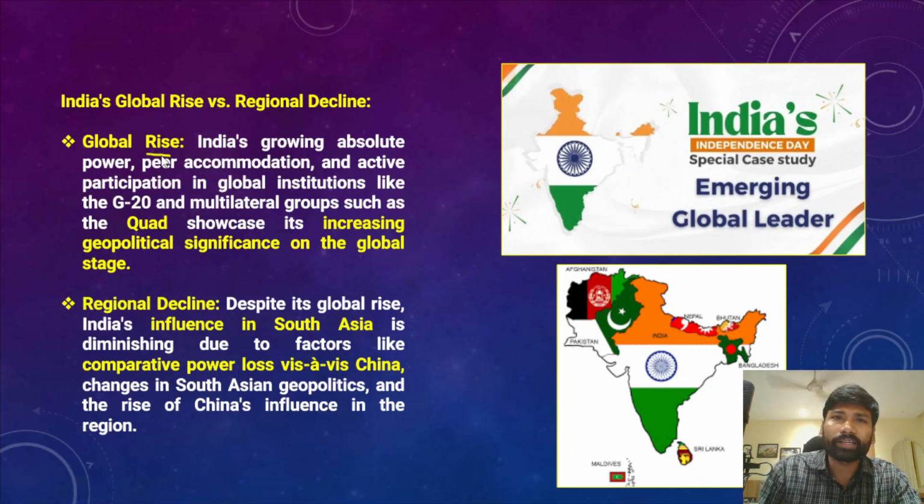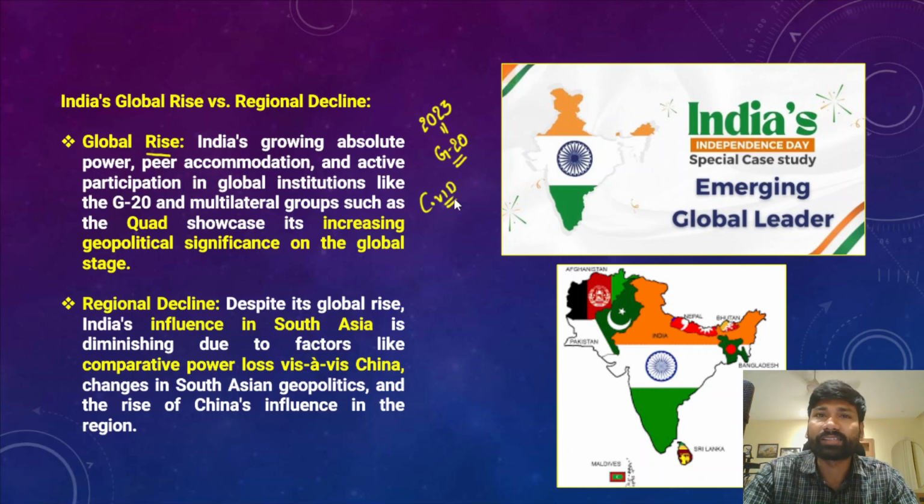We all know that in 2023, India was the president of the G20 summit, and we successfully conducted it. Secondly, during the COVID-19 pandemic, India provided vaccines to poor and underdeveloped countries under its ambitious Vaccine Maitri program.